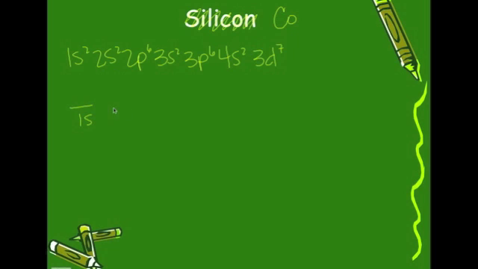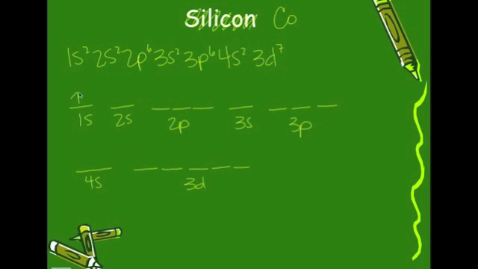So we have 1s, 2s, 2p, 3s, 3p, 4s. Oh, I gotta do that blank a little big. And then D has 5 blanks. So 1, 2, 3, 4, 5. 3D.